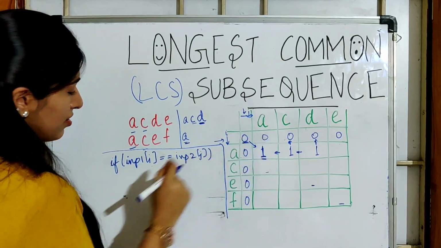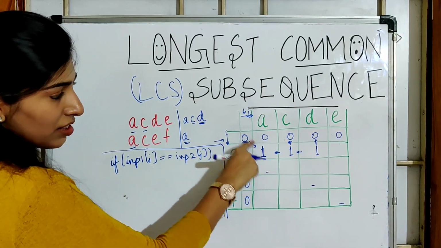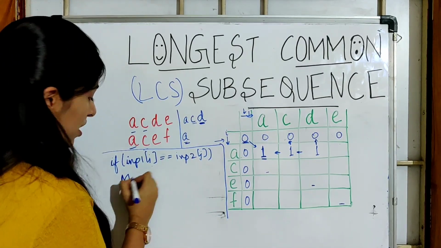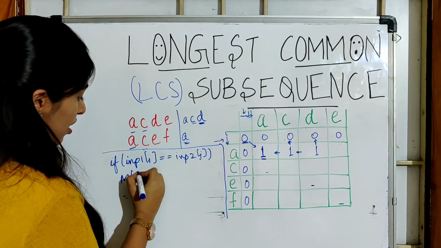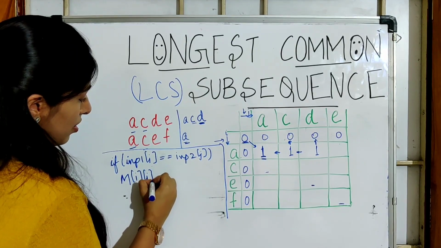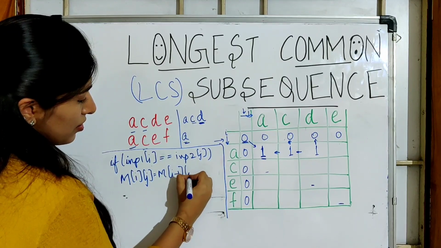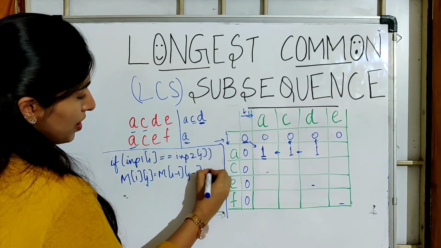If these two characters are equal, what are we doing? We are getting the value from diagonally opposite. So if the matrix is denoted by M, then M[i][j] will be equal to M[i-1][j-1] + 1.